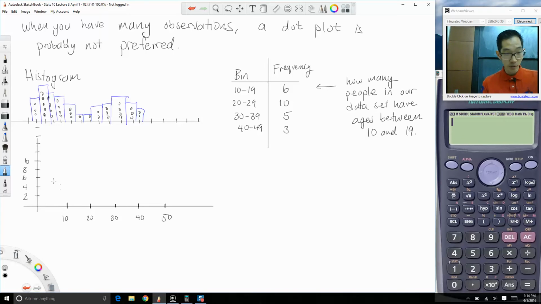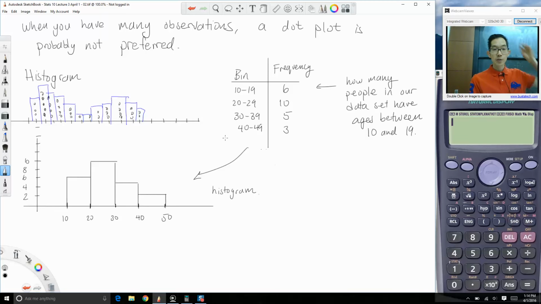Okay, and so here I got a bar right here that has a height of 6, a bar that has a height of 10, and a bar that has a height of 5, and a bar that has a height of 3. Okay, and so this information is summarized in a histogram here.